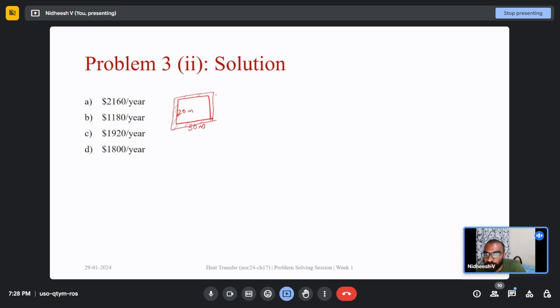For our heat transfer requirements, we reduced this floor area, right? We added additional insulations, so it is no longer 20 meter cross 30 meters. We added further insulation to this, so the available floor area is further reduced. Is that clear?